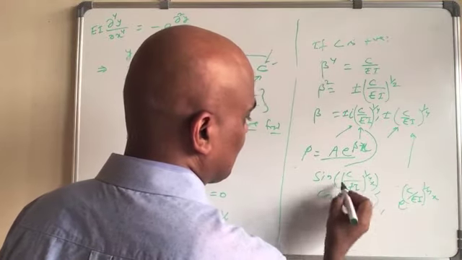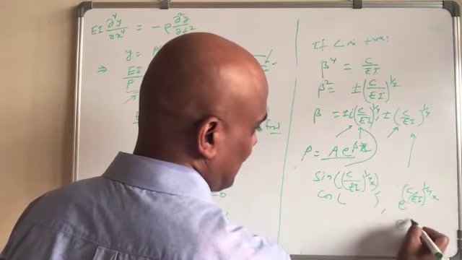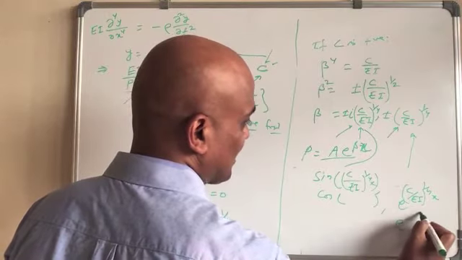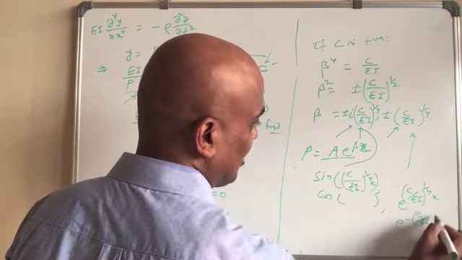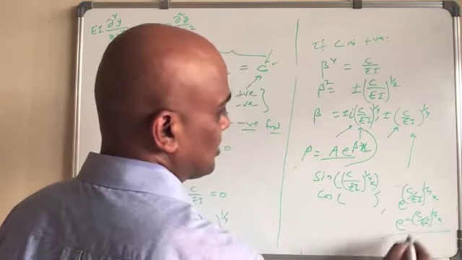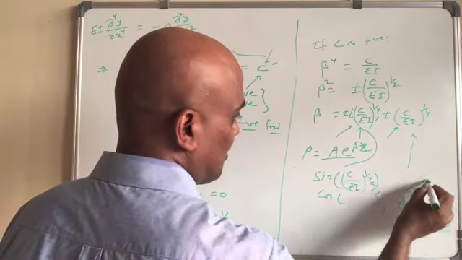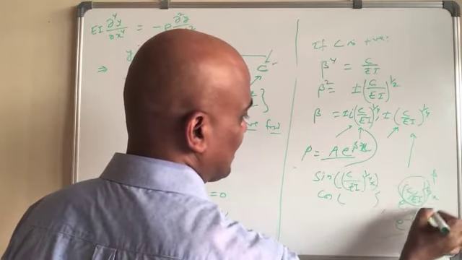And then there will be another term which will have e to the power minus C over EI to the 1/4 times x, right? So we call this equal to beta basically, right?